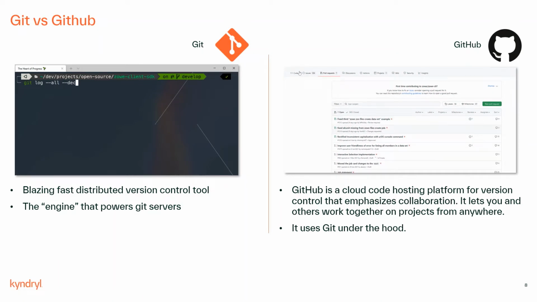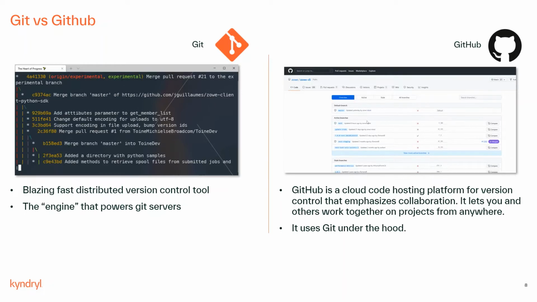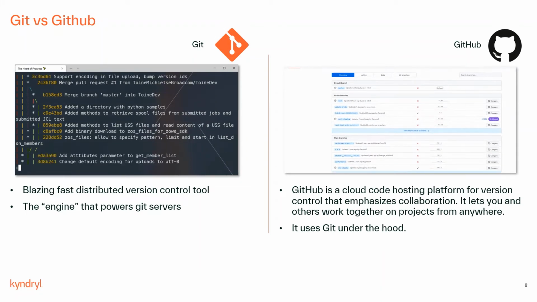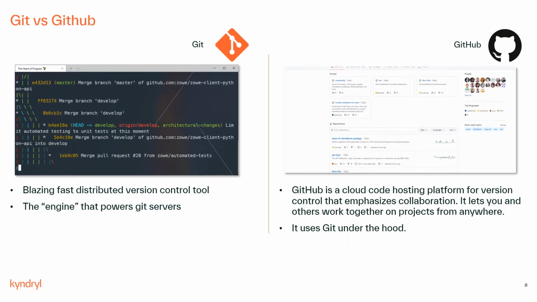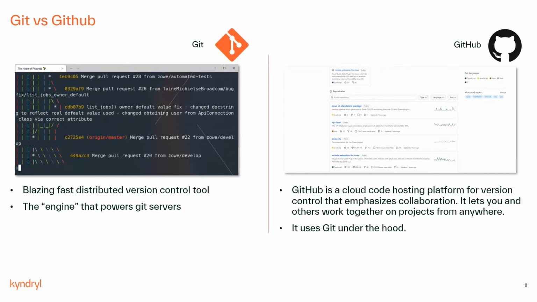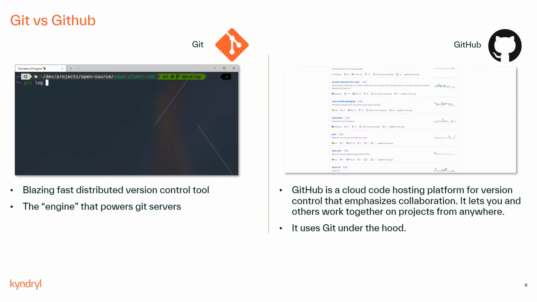So it basically lets teams work together, but under the hood, it uses Git. So actually, GitHub uses Git under the hood to make it happen. But it's like a platform where teams can collaborate. It acts as the single source of truth for a specific project, right?